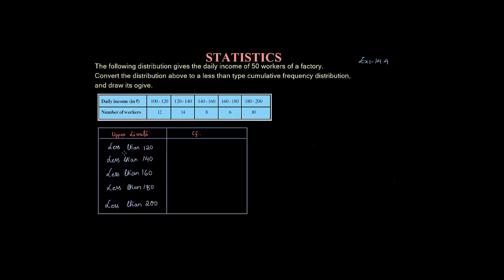How do we do that? First write less than and then write the upper limit from the first interval. What is that? It is 120. In the same way, write less than and write the upper limit of the second interval. That is 140. Keep on going like this, and you will get the upper limits.